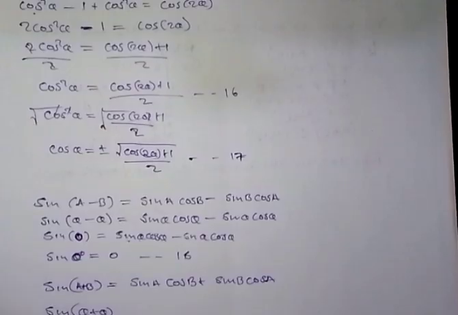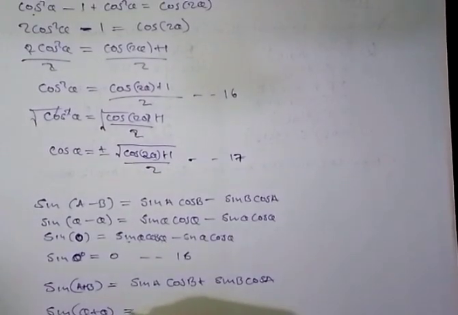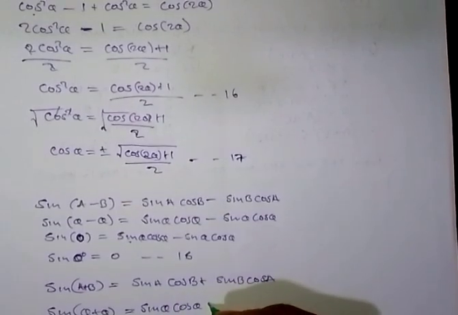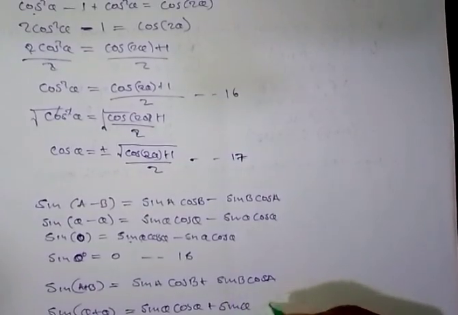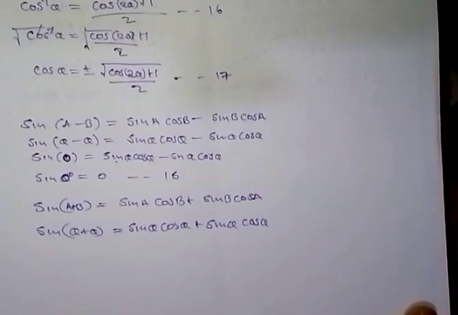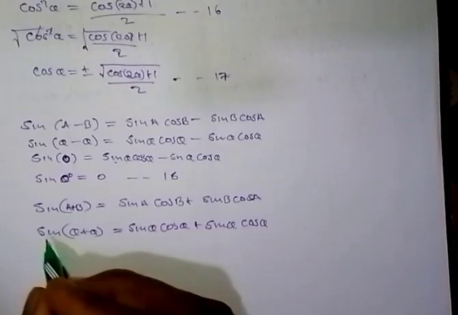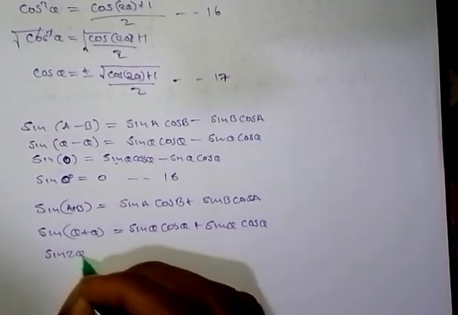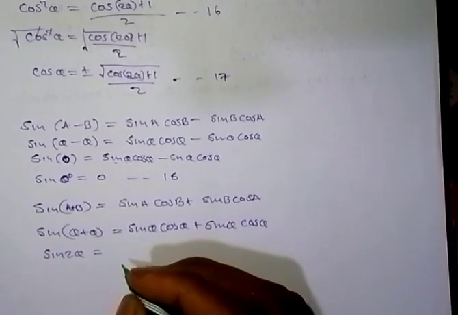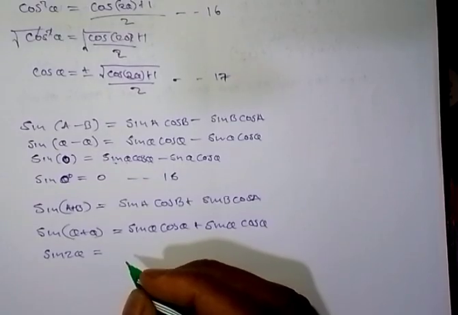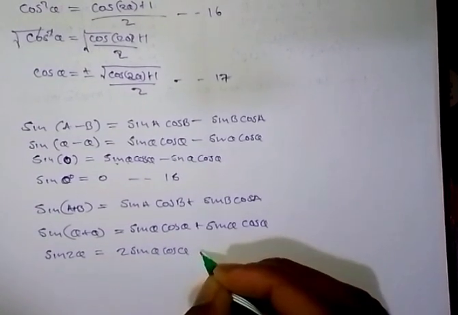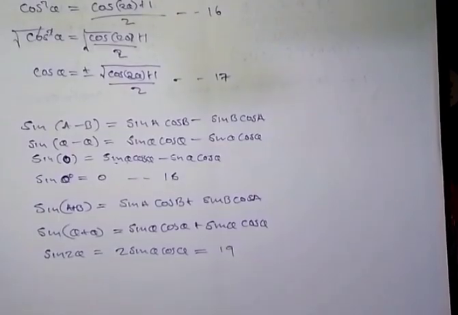Remember, you replace where there's A and B, put theta. So this will be equal to sine theta cos theta plus sine theta cos theta. Okay, then this is going to be sine 2 theta being equal to, so we are going to add these two, and we are going to get 2 sine theta cos theta, and this will be our identity number 19.